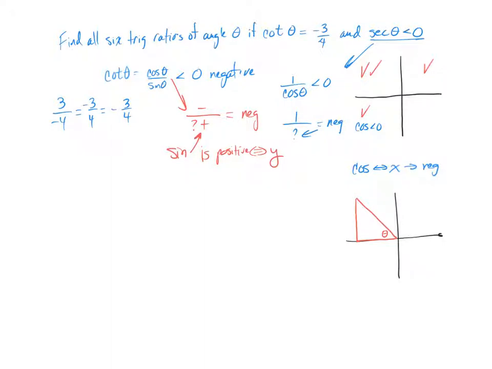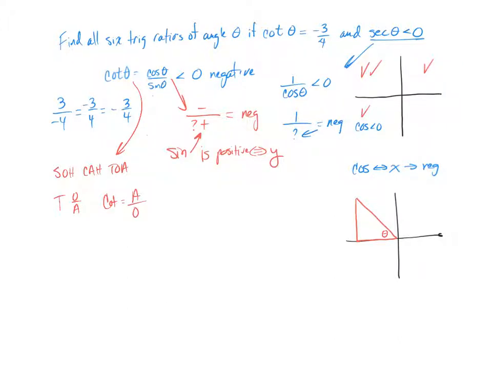And one more time, we go back to SOHCAHTOA, and we can think about the tangent, which is opposite over adjacent. That means the cotangent would be the adjacent over the opposite.